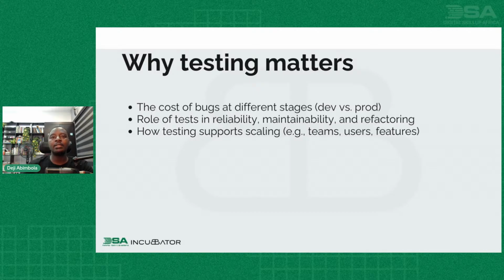It validates that deployment works end to end and verifies that the contract between services is actually maintained. So if you have a service that is expecting a type of data, you are ensuring that it is that type of data that has been provided to it. You don't want to wait till you are in production before you start seeing things break, and then you start reacting, right?